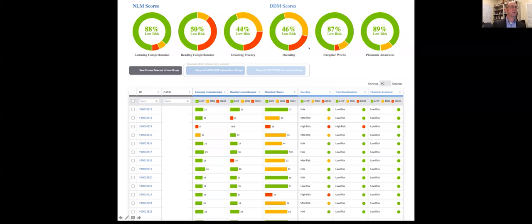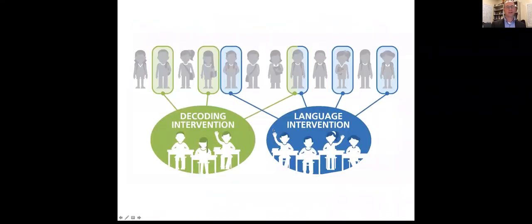across the different subtests, and it will identify for you which students need help with which areas, as well as the system will also group students according to their needs. So students who are having difficulty with decoding will be identified and they'll be placed together in a group. Students who need language focus, these are actually a lot more specific.